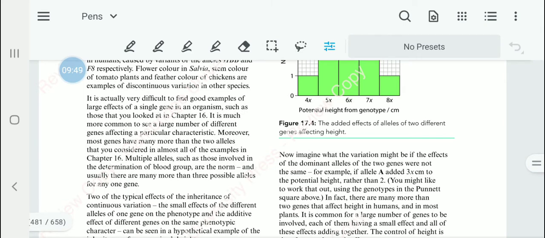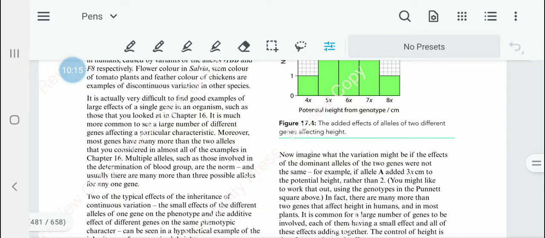Now, it is quite hard to find large effects of a single gene in an organism, like the ones that you have learnt in chapter 16. Usually it is more common to see many genes coming together to produce a single characteristic.